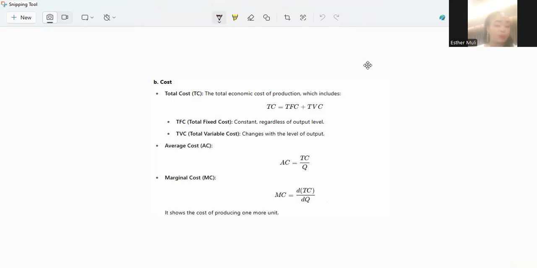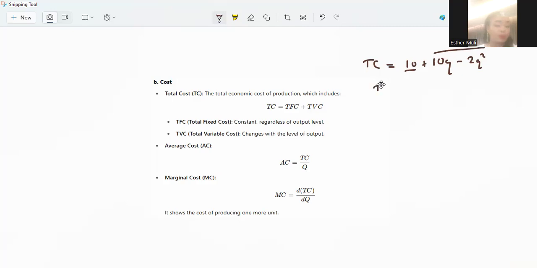All right, so if we have TC equal to 10 plus 10Q minus 2Q squared. The total cost here has two components, the fixed cost and the variable cost.